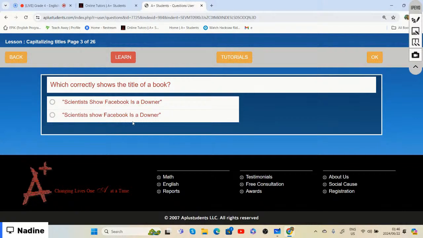Which correctly shows the title of a book? Is it option one, "Scientists Show Facebook Is a Downer"? Or option two, "Scientists show Facebook is a downer"? Option one or option two? Look at how the words are written with lowercase or with capital letters.